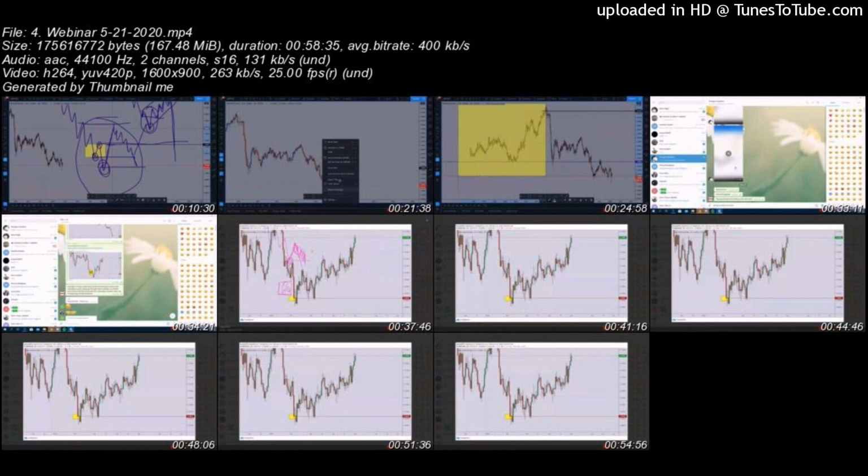But you see that price just made one tap at that price level, which is our invalidation point, and then proceeded with the overall direction. Okay.